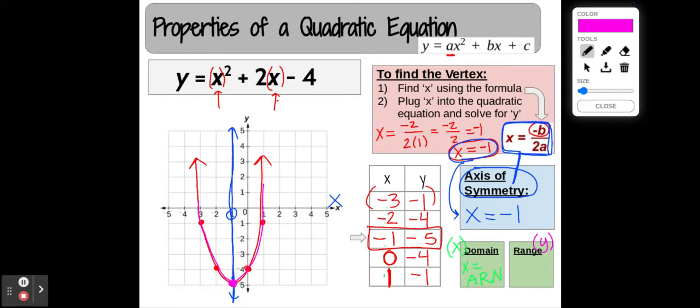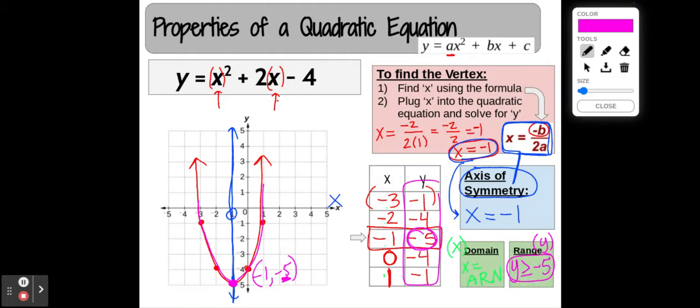So when we're writing the range values, we're going to be using an inequality. Looking at this point right here, this is at -1, -5. That's the lowest y coordinate. Even looking in our table, this is the smallest y value. So we're going to say that y is going to be everything that's greater than or equal to -5. And that is our range.